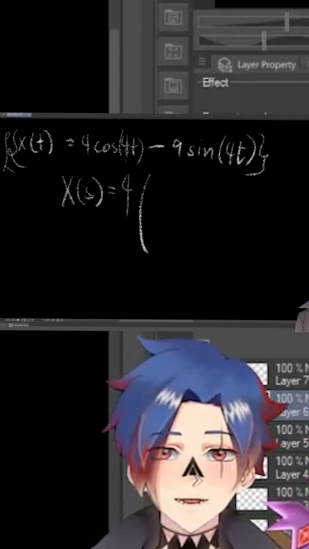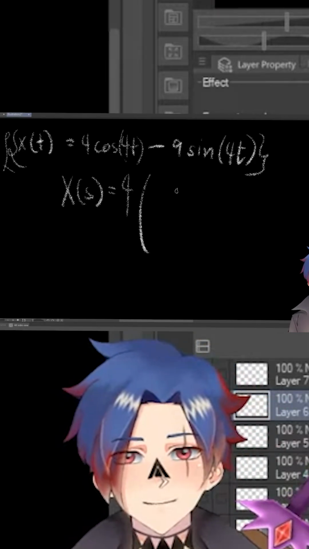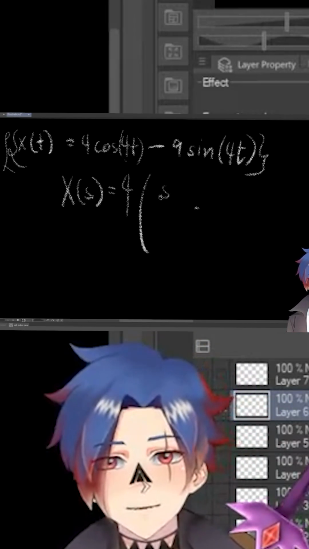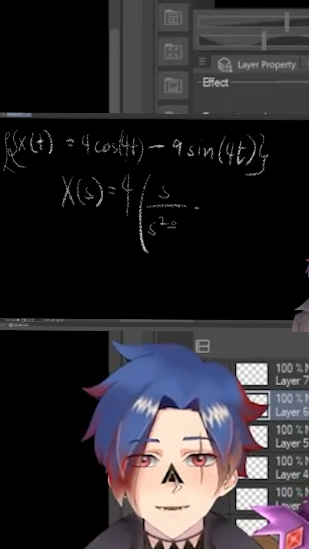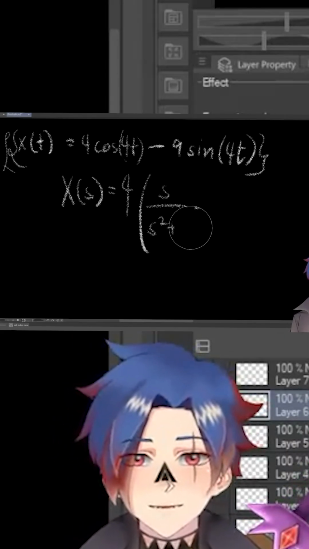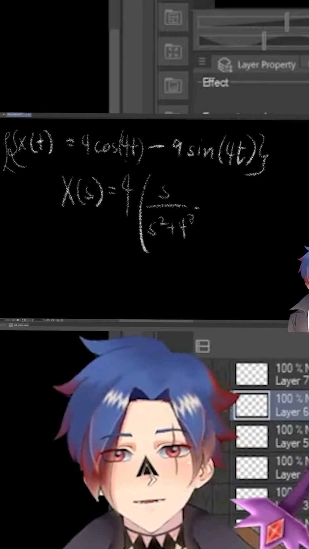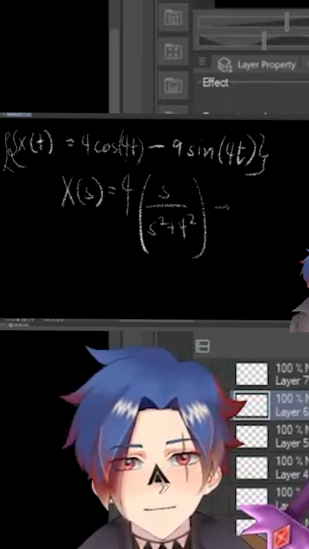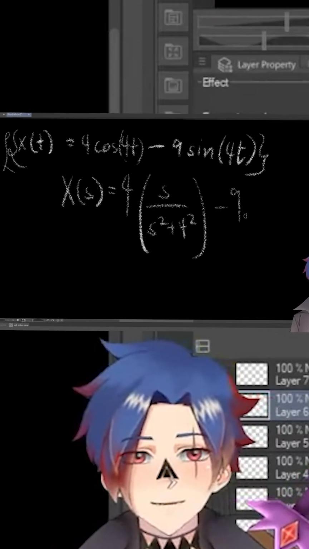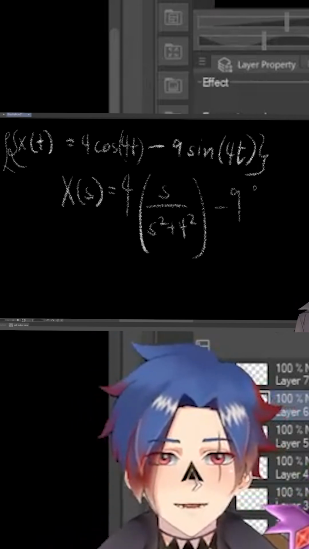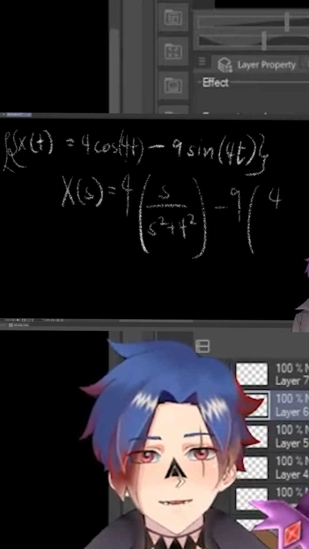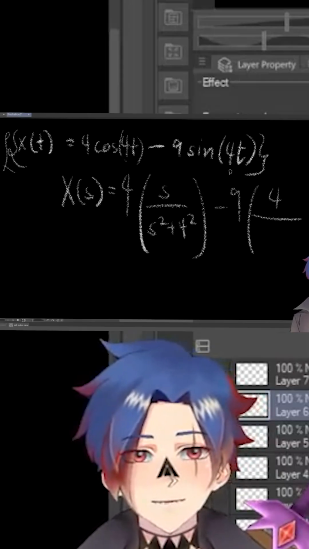Our numerical coefficient is 4. So s, as we remembered earlier, is over s squared plus a squared, or 4 squared. Then minus 9, which is our constant. And of course, do it again: 4 is our numerical coefficient here.